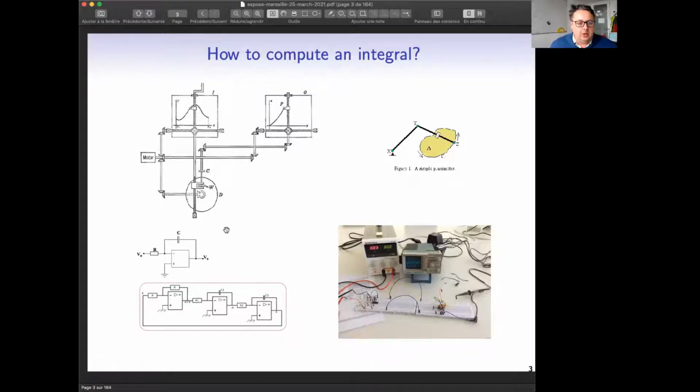If you want to compute integrals, another way is to use analog electronics. This is using ideal operational amplifiers. I'm using here what is called the integrator schema, montage intégrateur in French. Maybe at school you heard about this operational amplifier, and the output voltage here is minus, if I'm not wrong, R divided by C times the integral of the input.